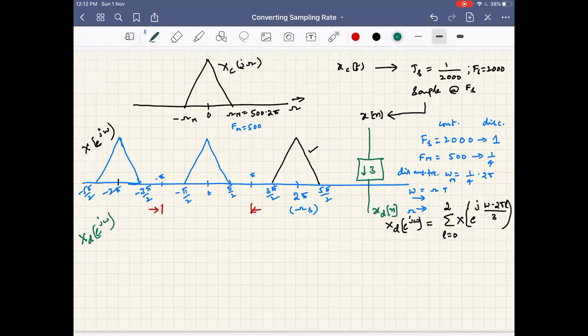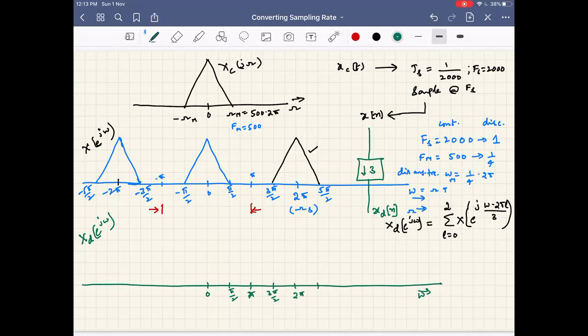So let us first mark the axis. This is the small omega axis. This is 0, this is pi by 2, this is pi, and then this is 3 pi by 2, and this is 2 pi, correct?